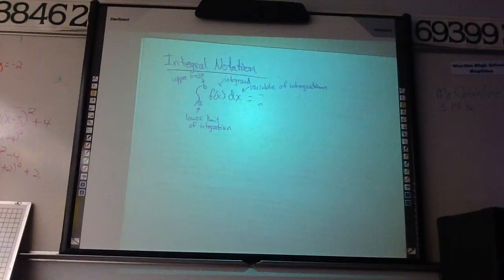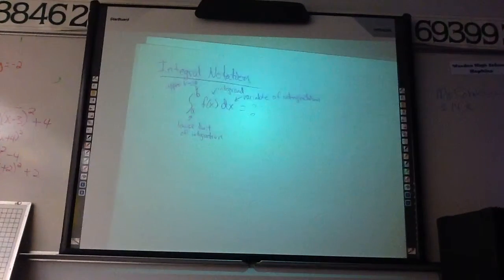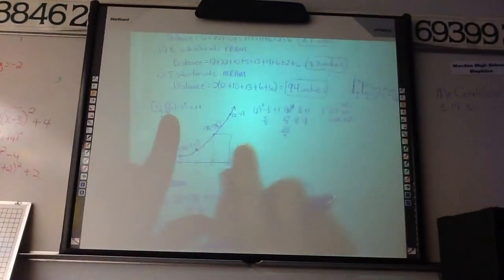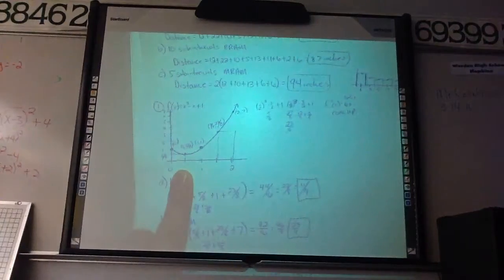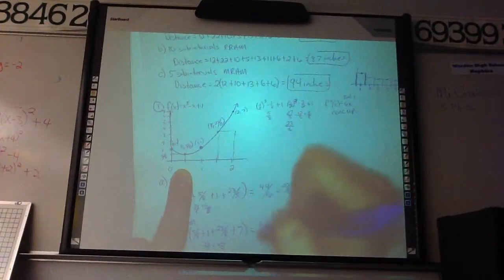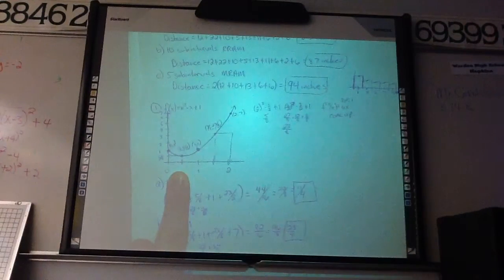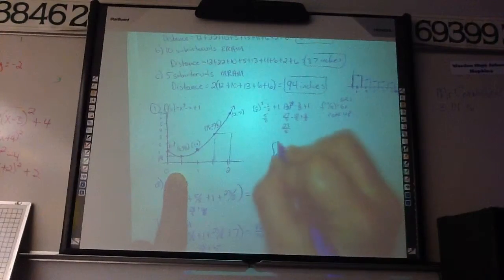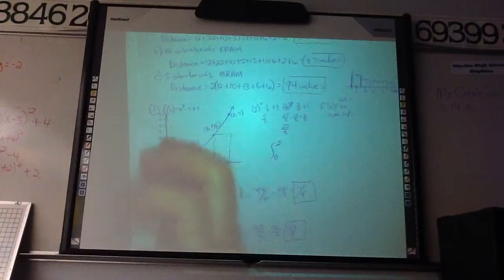So, the stuff you did last night, for example, like this one, the one with the function. We approximated the area under the curve from 0 to 2, right? So the way you would write that as an integral would be the integral from 0 to 2. That's the lower limit. That was the upper limit.